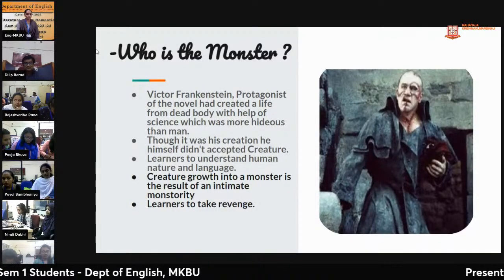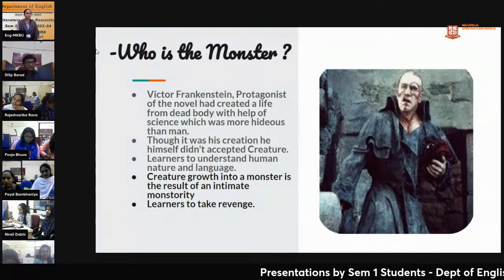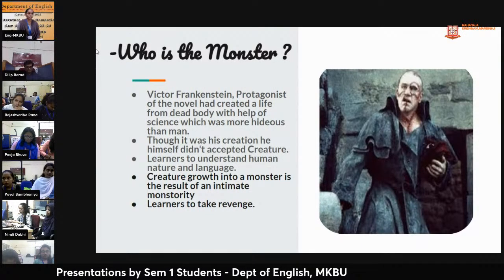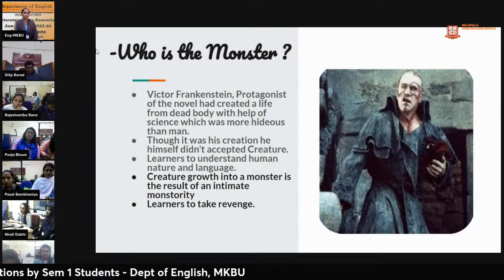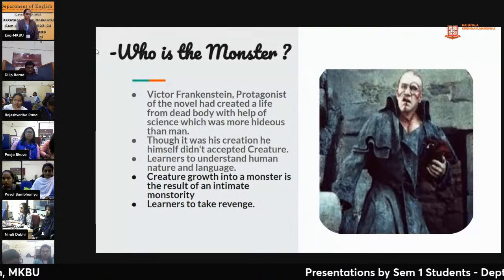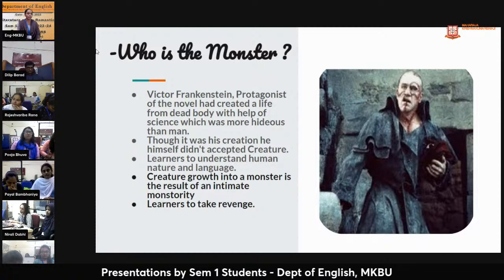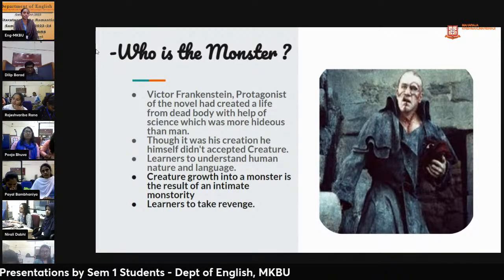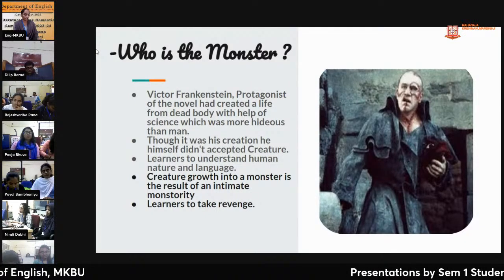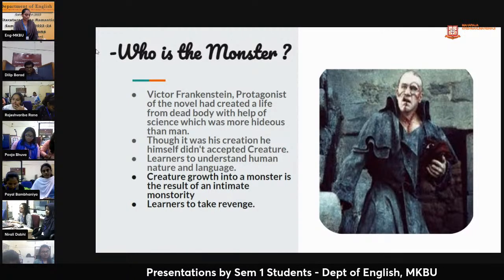The creature growing into a monster is the result of an inhuman treatment. That is how the creature is growing as a monster. It was not a monster because of only his looks. Hannah Jackson in her journal wrote about creating a monster in Mary Shelley's novel, where the creature says, you are my creator but I am your master, obey.